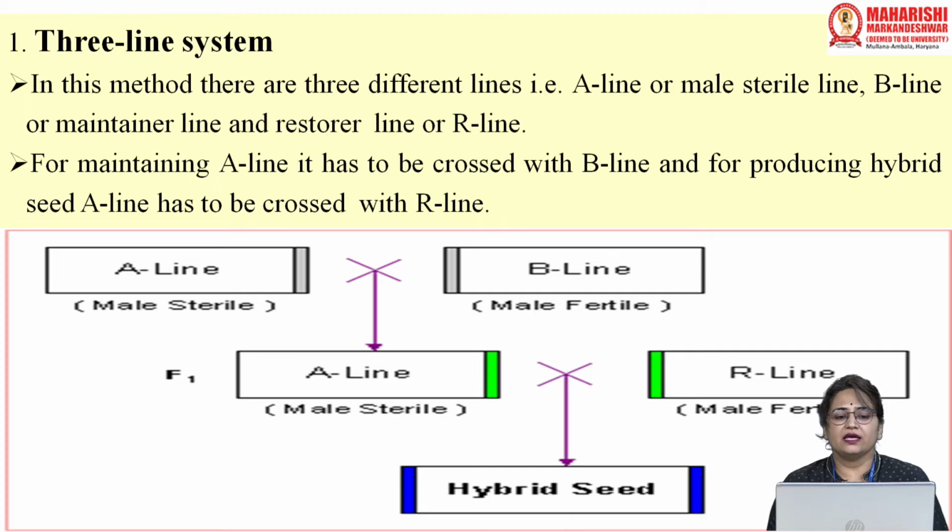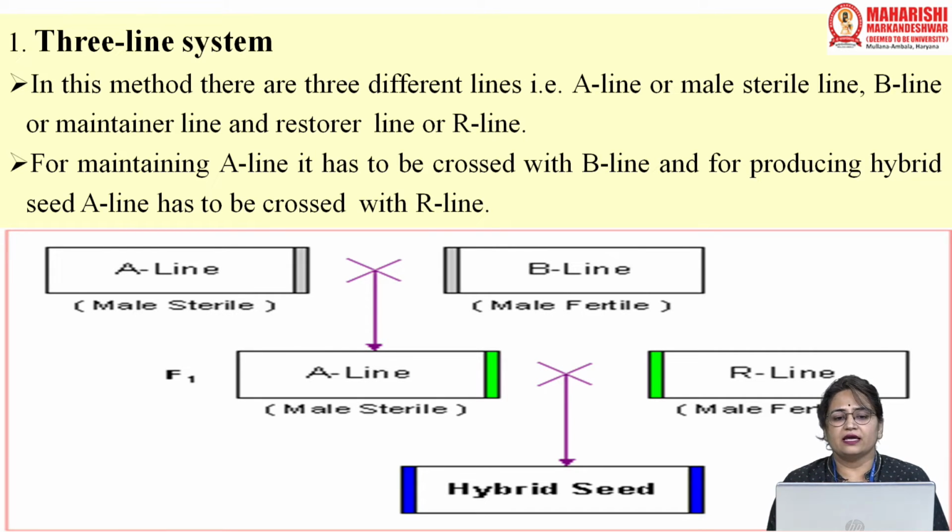For maintaining A line, it has to be crossed with the B line. As the name says, B line is the maintainer line; the function of B line is to maintain the A line. Both A and B lines are isogenic lines: similar lines, with only a difference of a single gene, that of fertility or sterility, otherwise both are identical lines.